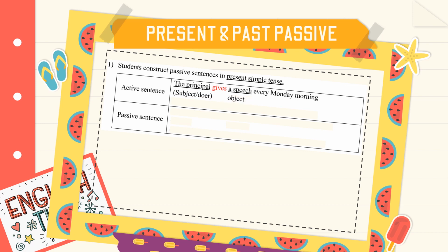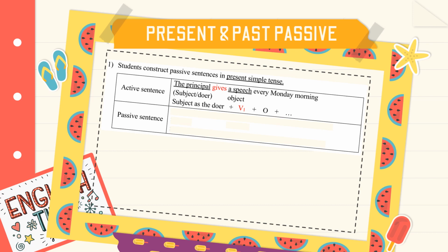And a speech is the object. Now, this is the pattern or the formula of an active sentence: subject plus verb 1 plus object. Okay, this is in present simple tense. Grade 5, remember that we are talking about routines here if we use the present simple tense.